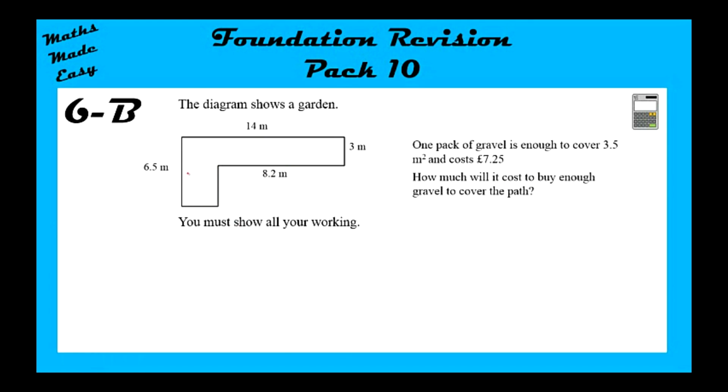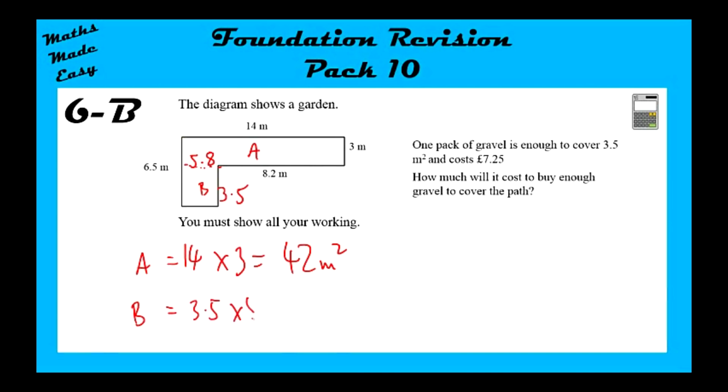Okay, question 6b. So once again we'll split the shape A and B, and A would be 14 times 3, which is 42 meters squared, and B, with a bit of calculation, the height here 6.5 take 3 is 3.5, and this bit here 14 take 18.2 is 5.8, so we're going to do 3.5 times 5.8, which is 20.3, and that's meters squared as well.